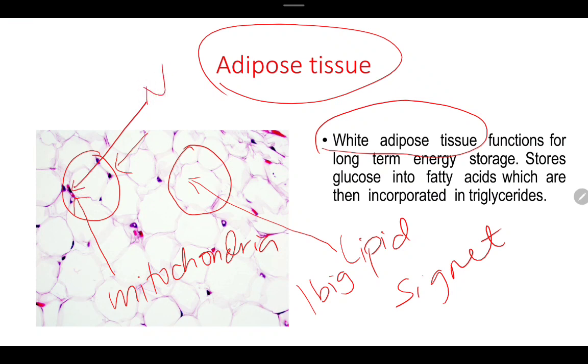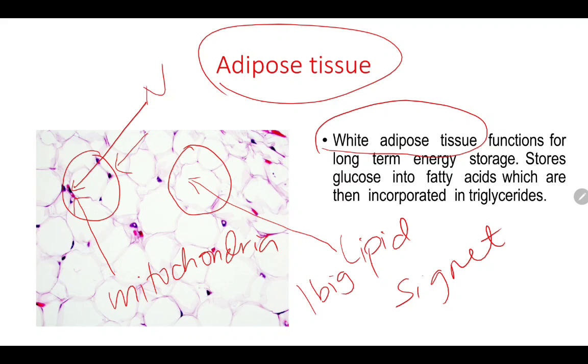So your white adipose tissue has mitochondria, it has a nucleus deep inside the cytoplasm, and sa cytoplasm niya nandoon nakalagay ang ating one big lipid droplet. If you are asked what is the main function of your white adipose tissue, it is for long-term energy storage, kasi nga, malaki yung kanyang lipid droplet.